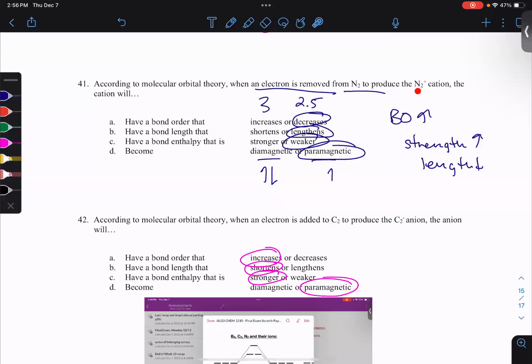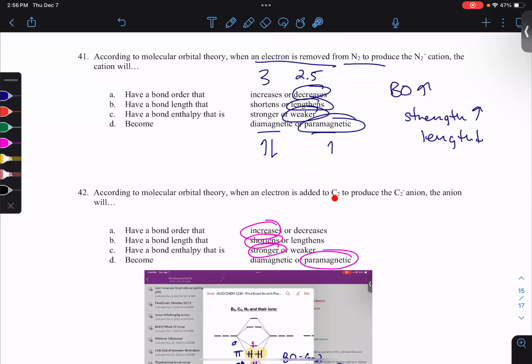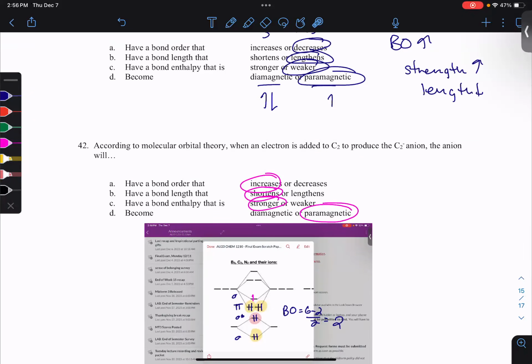When we were working with nitrogen versus nitrogen plus, that plus just says we remove 1 valence electron from the count. We don't remove an electron from each of the nitrogens, just 1 of them. So N2 plus would have 9 valence electrons present. Same thing with C2 minus: 8 comes from there, and then an extra one, so it would also have 9 valence electrons.